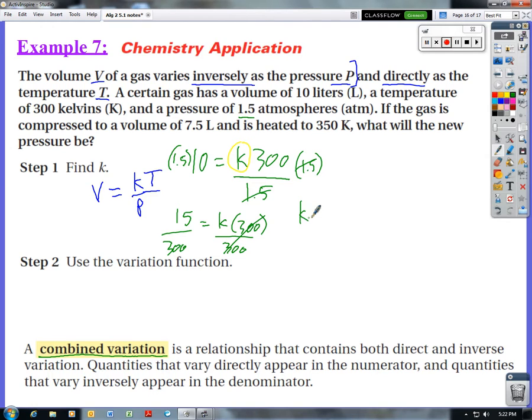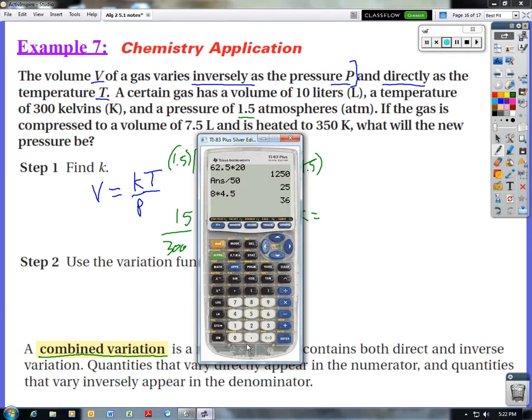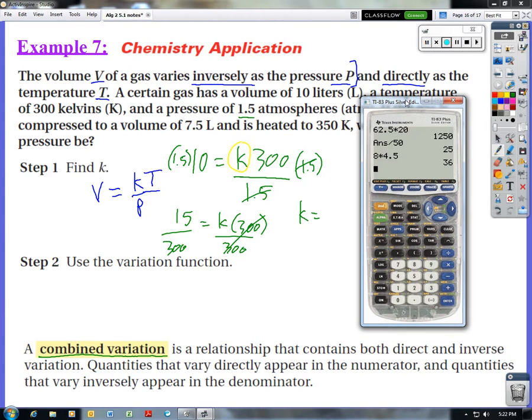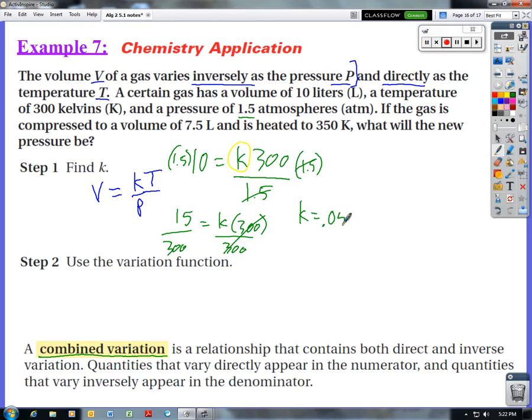And we have K equals 15 over 300, 0.05. K is equal to 0.05. Awesome. So now I just got to take my K value and plug it back into my original equation, and I get volume equals 0.05 times the temperature over the pressure.